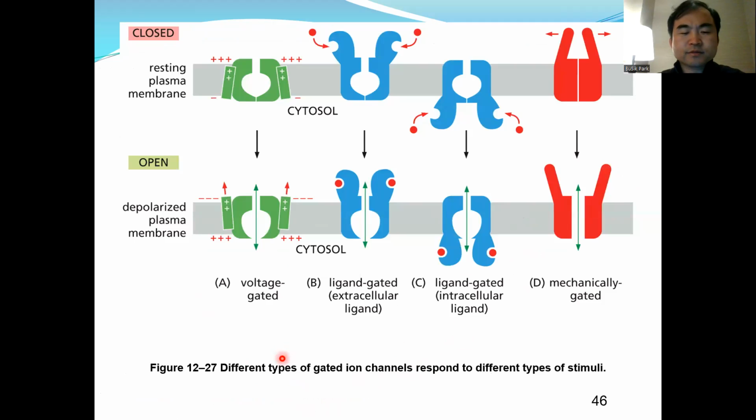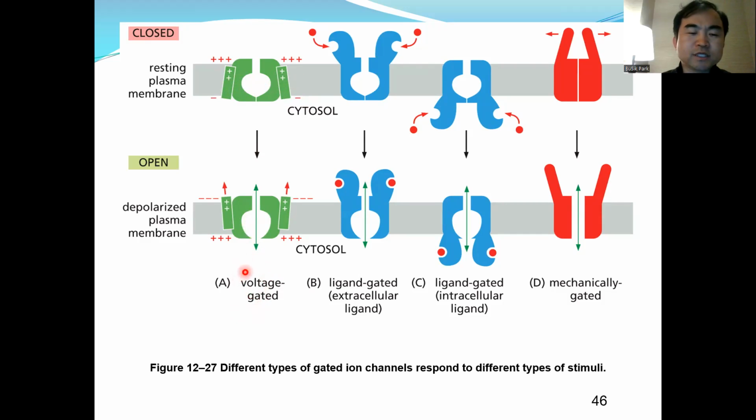So different types of gated ion channels respond to different types of stimuli. In this case, voltage gated: with positive charge here and negative charge there, the channel can be activated.